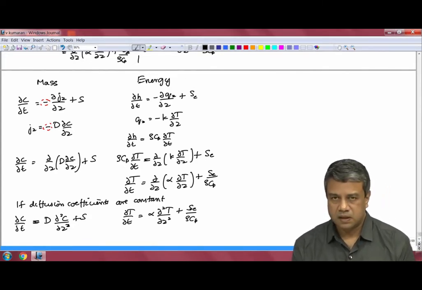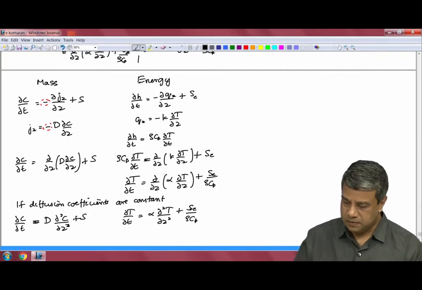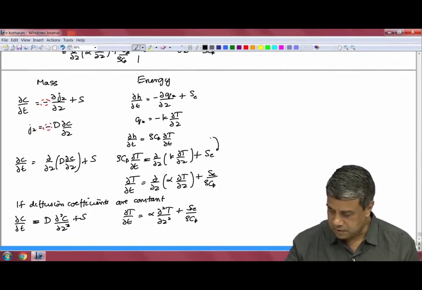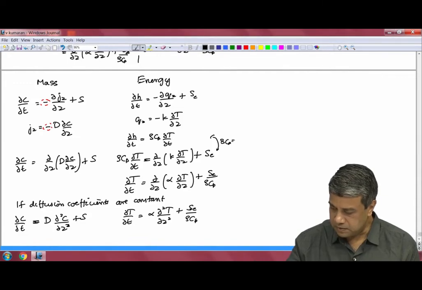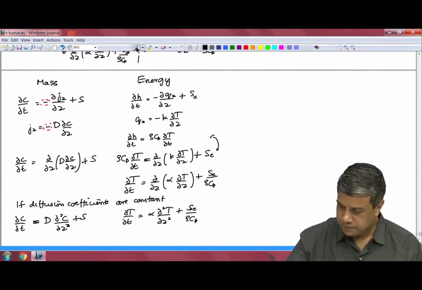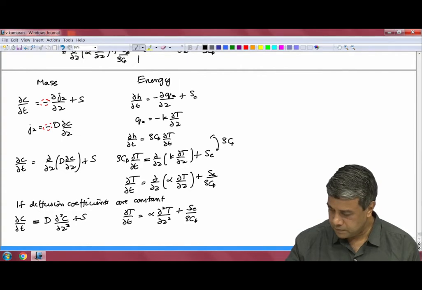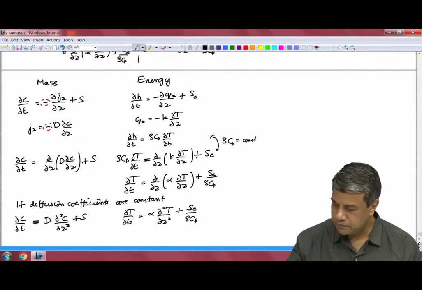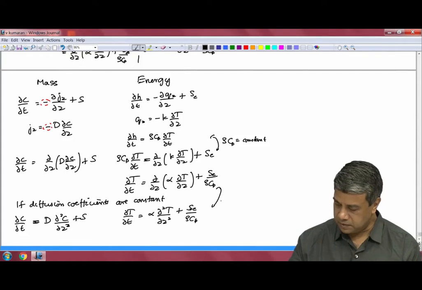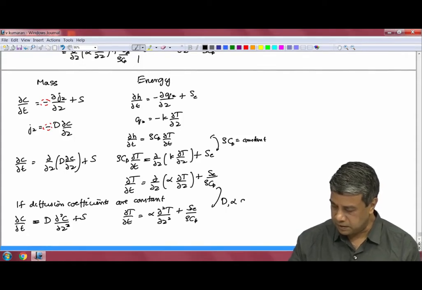There were two approximations here. One was, from going here to here, we had assumed that rho Cp is equal to constant. And going from here to here, we had assumed that D and alpha are constants.